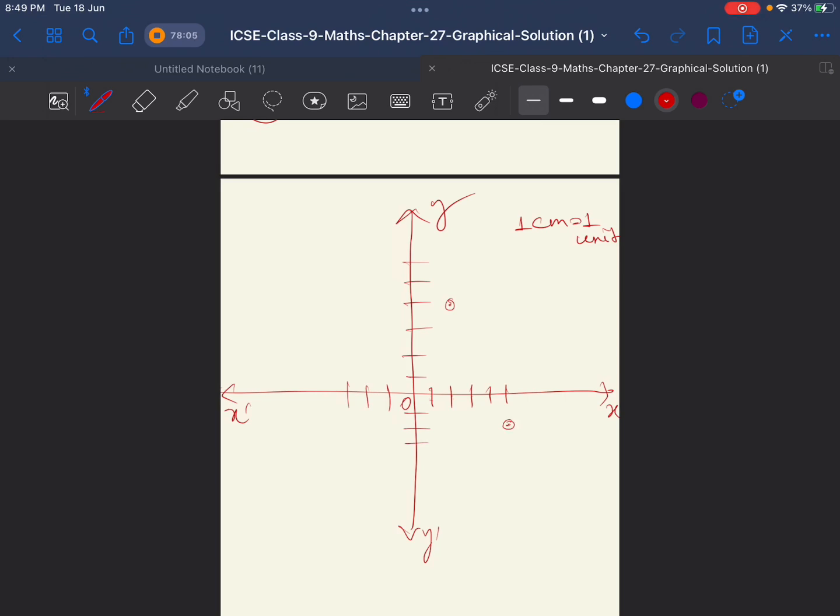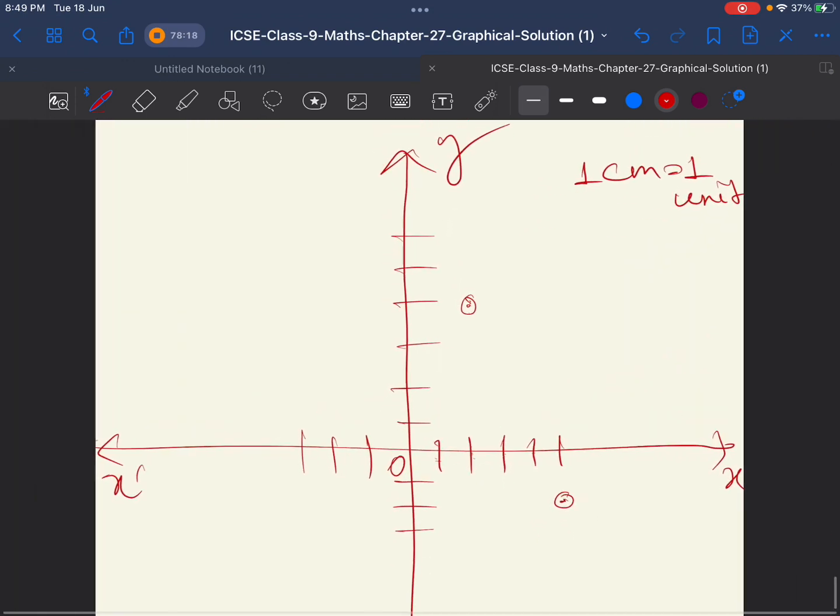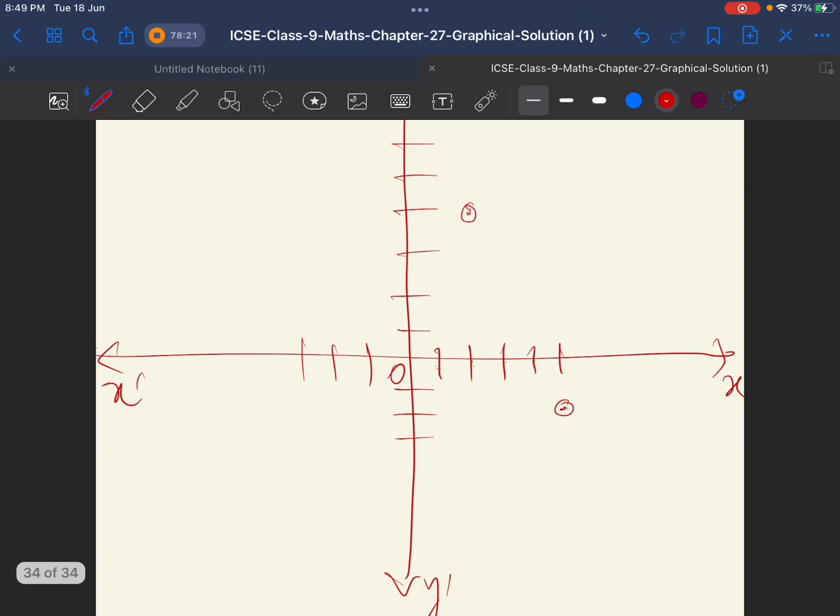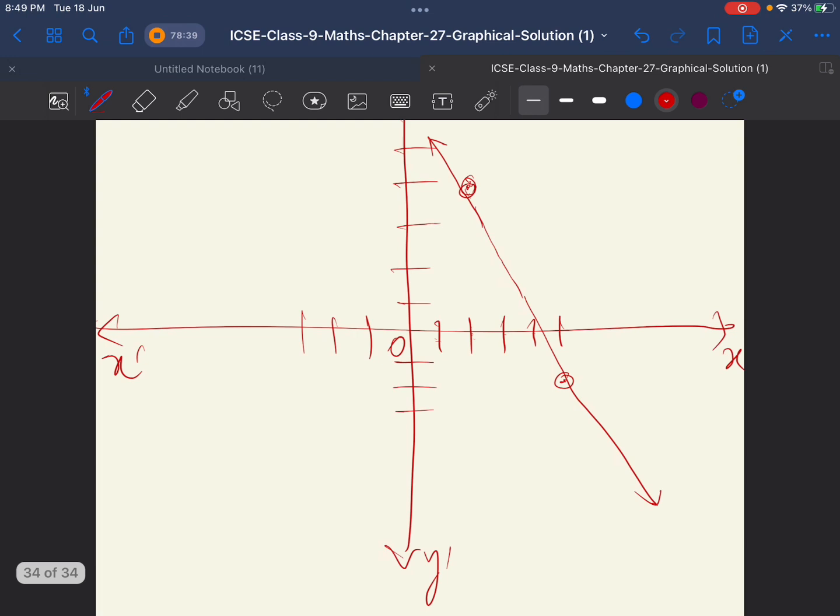This point will be here. And 5, minus 2 is here. So mark these points on a graph paper, and draw the straight line through these points. So the straight line is this. This is the straight line.